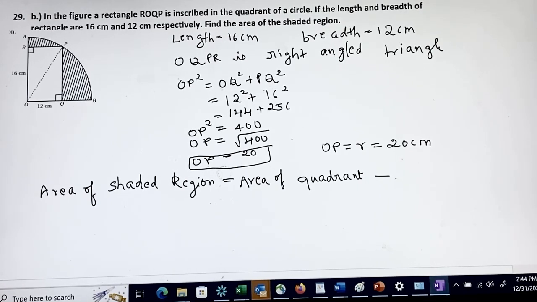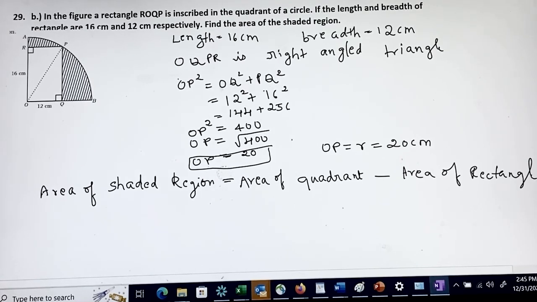The area of the rectangle, because the area of the rectangle is not a shaded region. They asked us to find the area of the shaded region only. So first we need to find the area of the quadrant, that means the entire diagram, and we need to subtract the area of the rectangle, because it is not a shaded region. So minus area of rectangle.